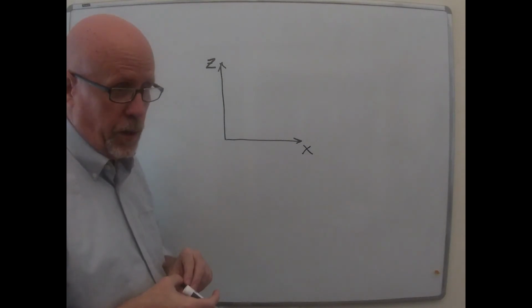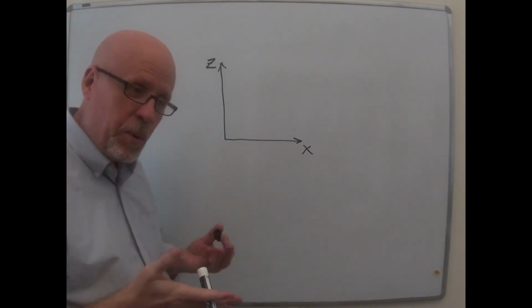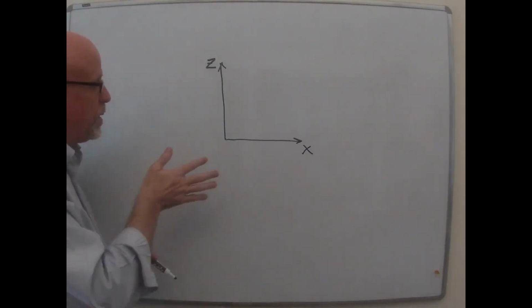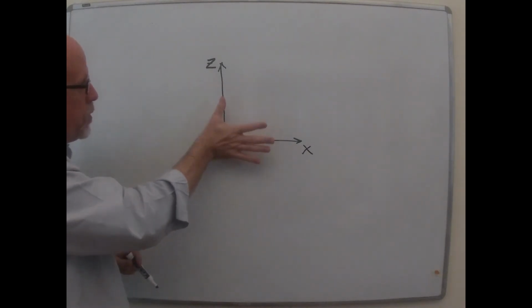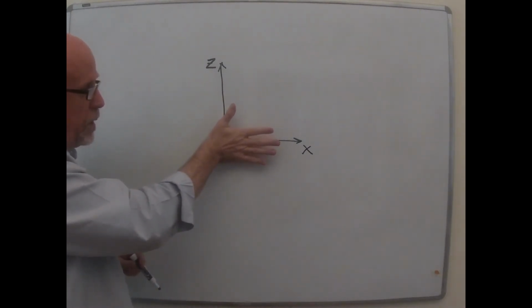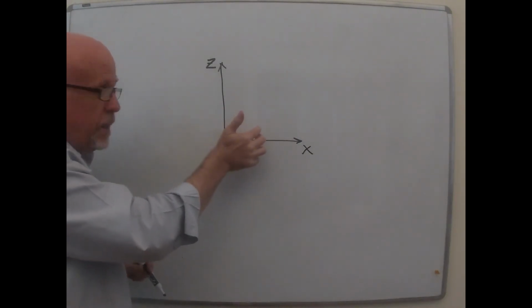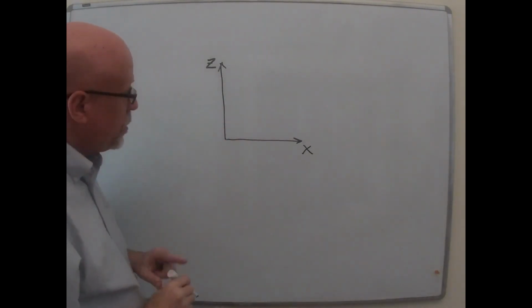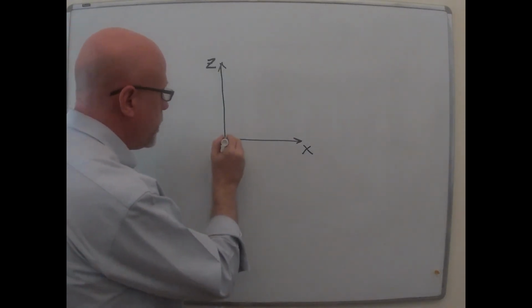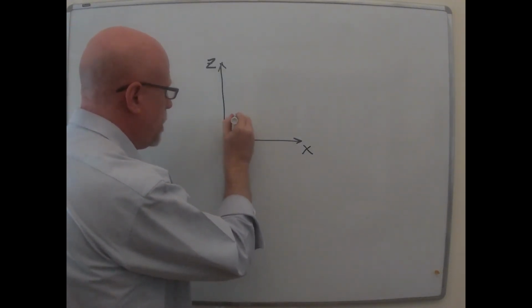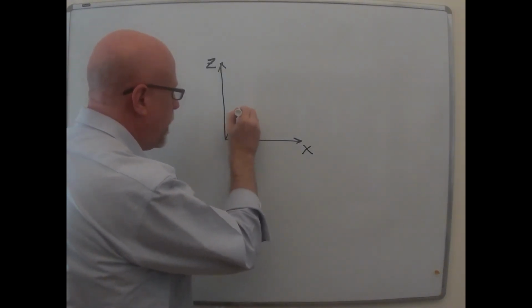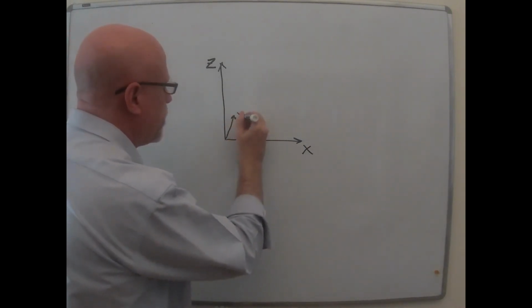Then where's y going to go? Well, we need it to be right-handed, so you think about this. If you align your thumb with the z-axis and your fingers are pointing out in the x-axis, and then you try to curl those fingers of your right hand, they should be pointing in the y direction, which means y goes away from us into the board. So I'm going to write like a tiny y out there because it's off in the distance.